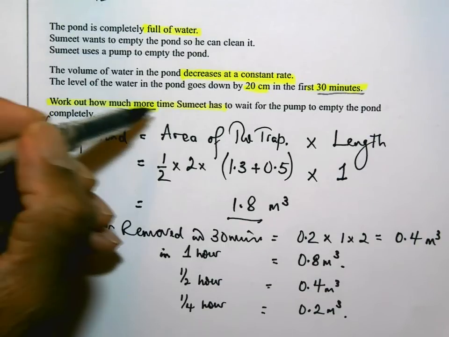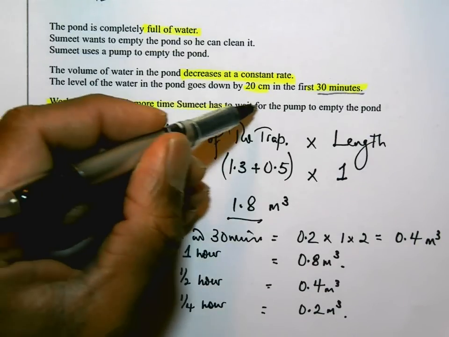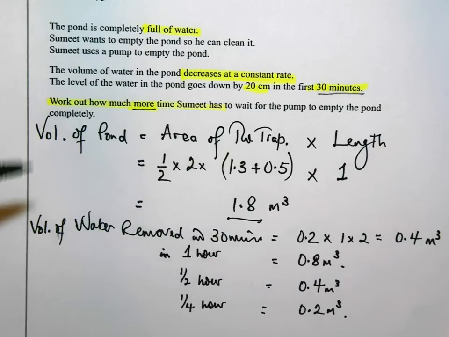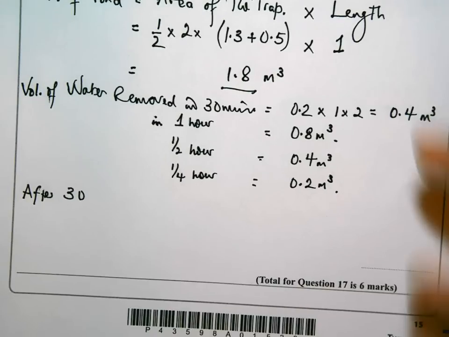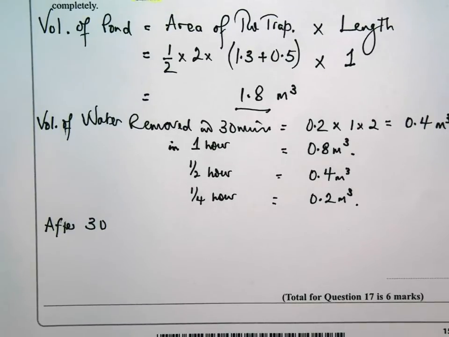So after 30 minutes, how much water is left in the pond?